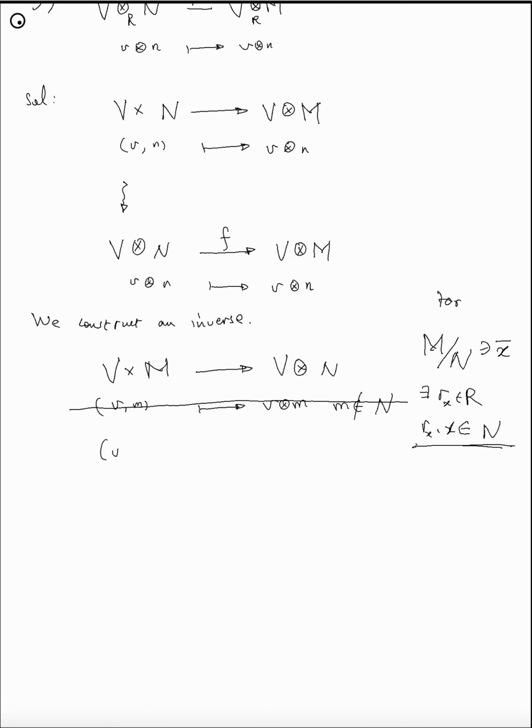And so how do we map it? Suppose this m, there exists some r_m in R such that r_m times m is inside n. So we map it to V tensor r_m times m, but here we multiply by 1 over r_m.